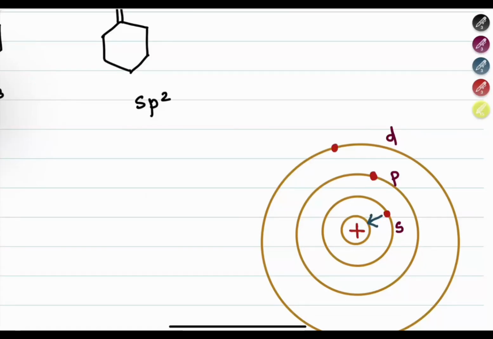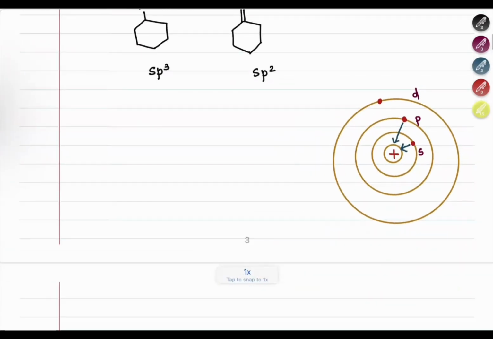So that's why the S electrons will be attracted to the nucleus more, and P electrons are somewhat far from the nucleus. So P electrons are attracted by the nucleus but not to the same extent as S electrons. If you are comparing the donor ability of both s and p electrons, the donor ability of s will be less compared to p. So the donor ability of p is more.